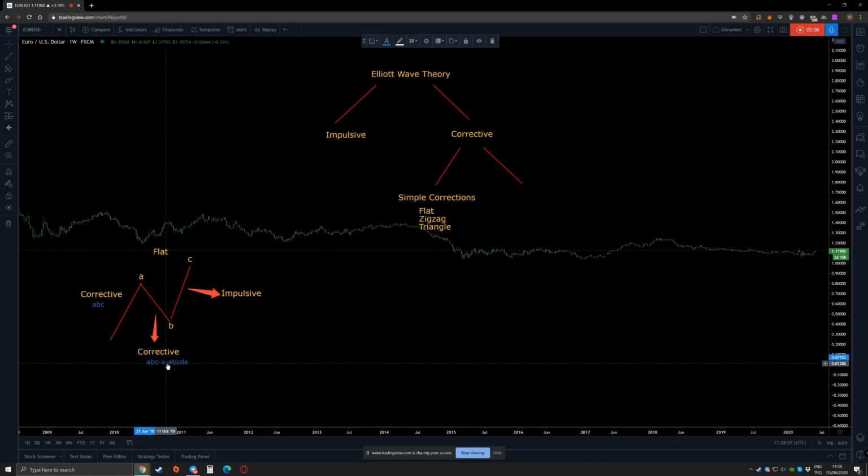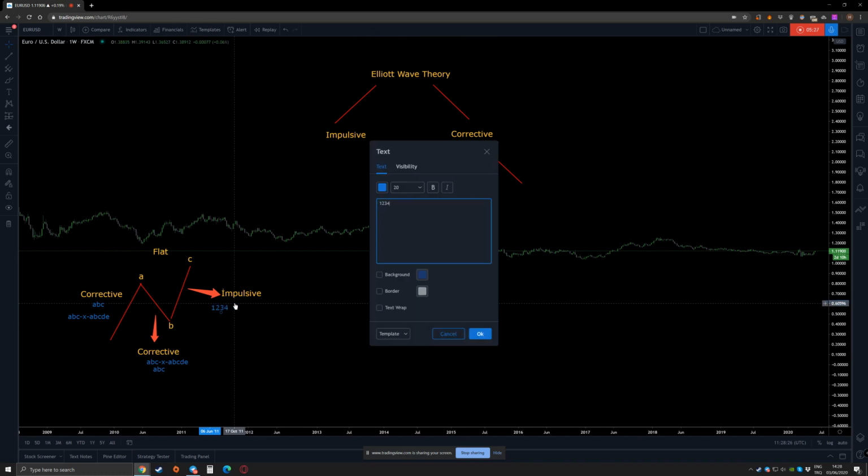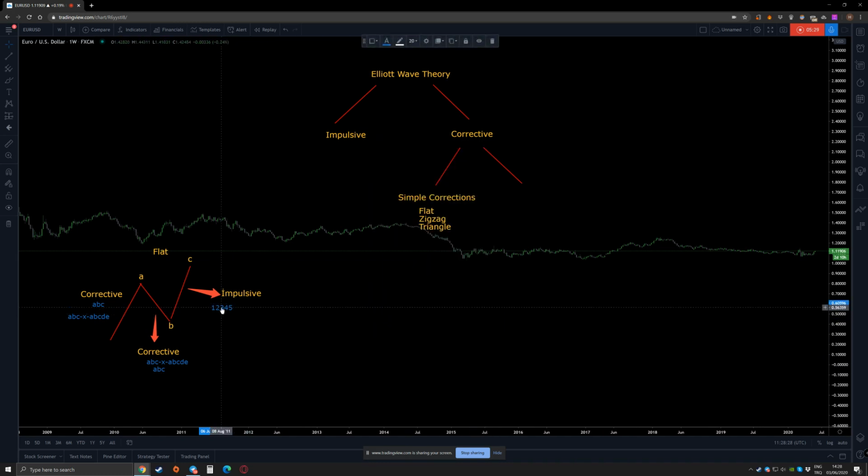But look, B wave can be a simple correction or a complex correction. A wave can be a simple correction or a complex correction. In this C wave, as an example, we have to know that this has to be 1, 2, 3, 4, 5 in one lower degree.